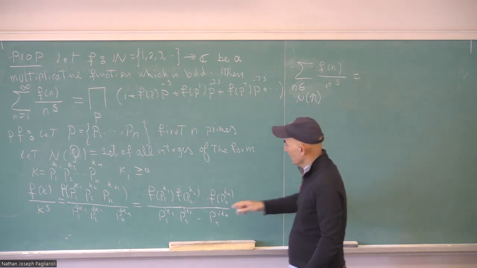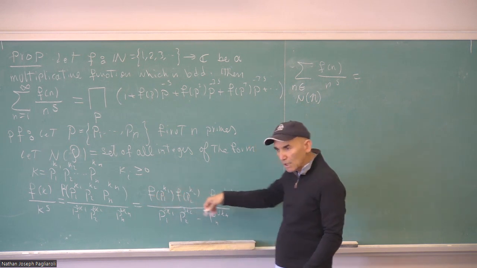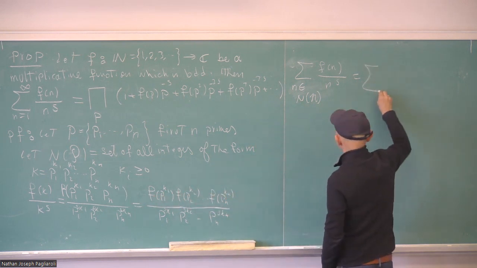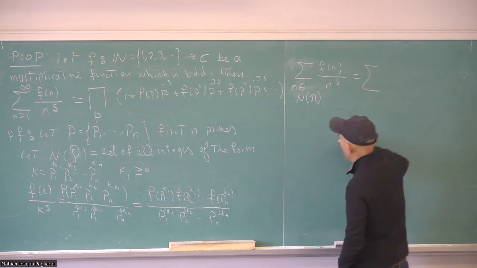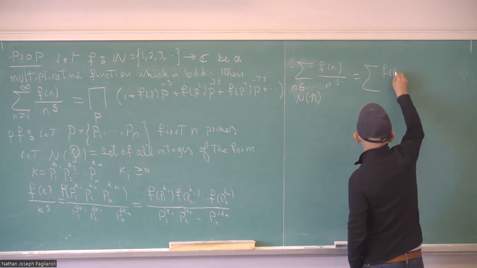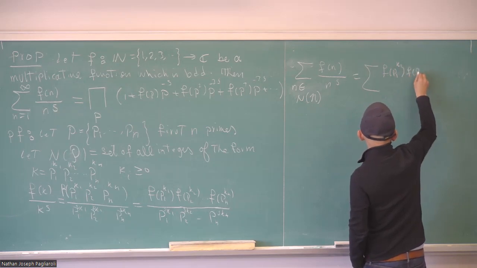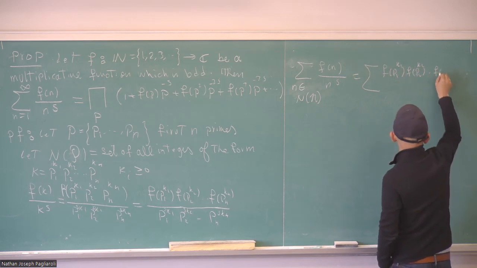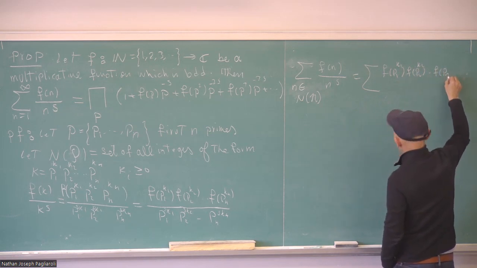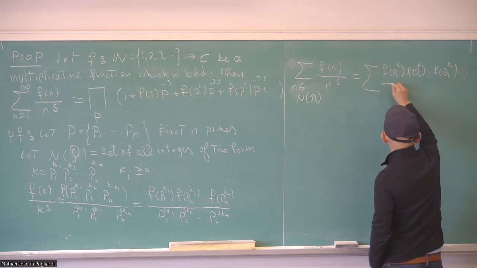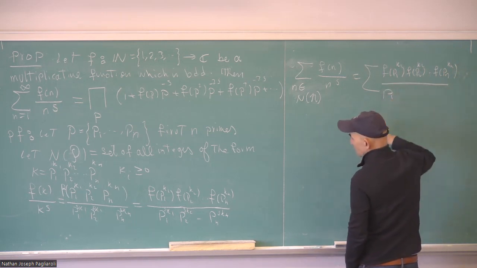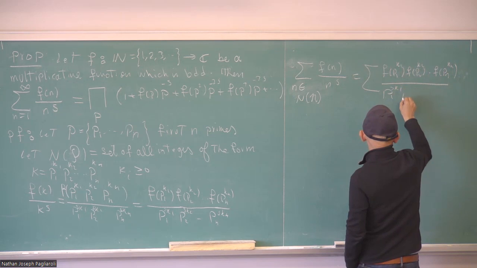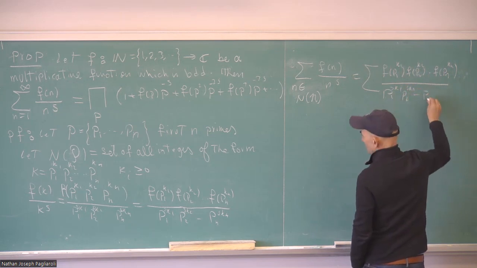Of course, by this, we can just write it as sums of f(p1^k1) f(p2^k2) up to f(pn^kn) over p1^(k1 s) p2^(k2 s) up to pn^(kn s).